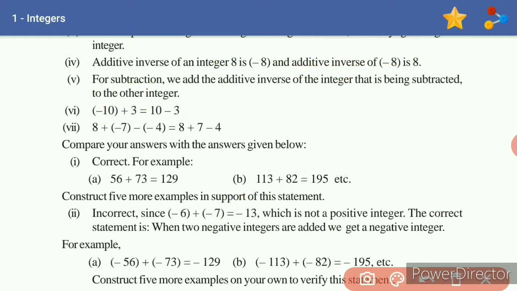Now, the statement says if we add two negative integers, the answer is positive, but our answer is negative, which is not a positive integer. The correct statement is: when two negative integers are added, we get a negative integer. So the second statement is incorrect.